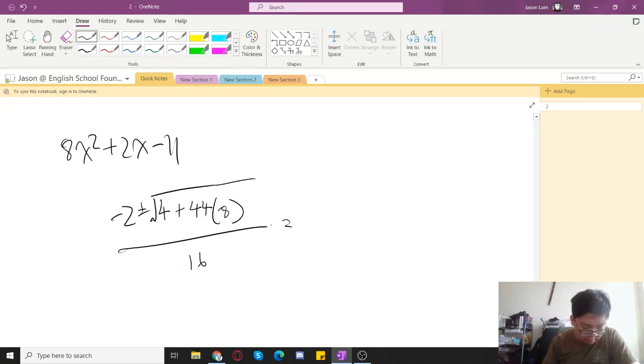So we get 356. So root that. Yeah, my calculator is correct.